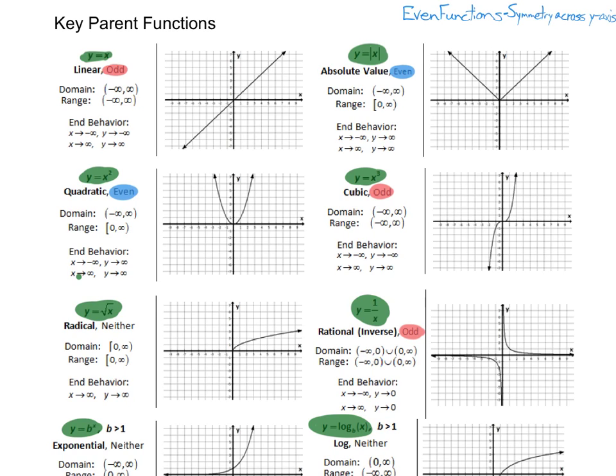And by the way, odd functions have symmetry around the origin. Watch this real quick. Symmetry around the origin. I'll just show you with one of them.